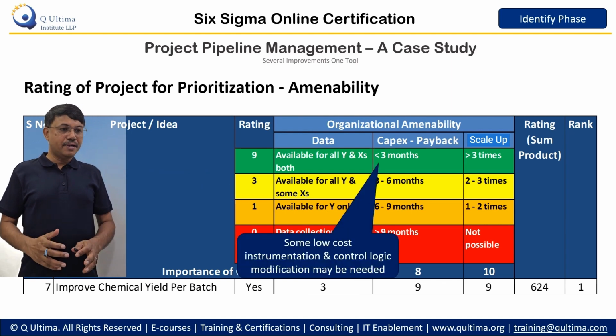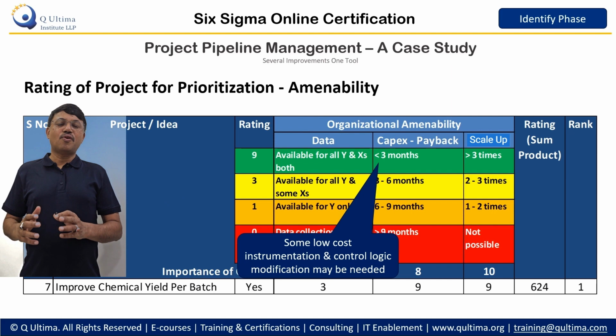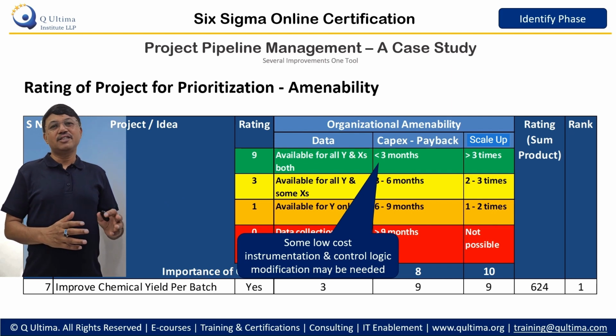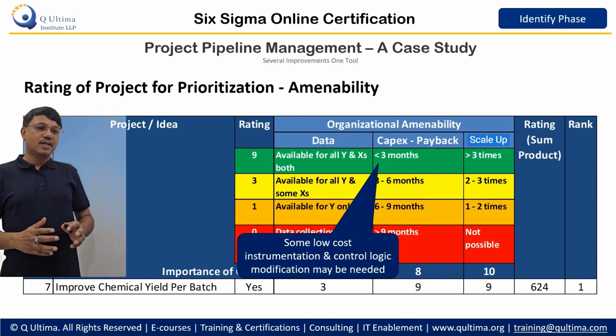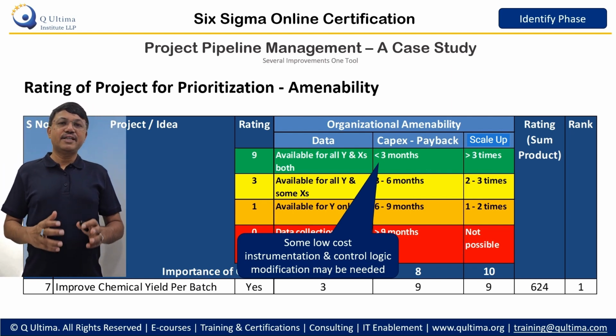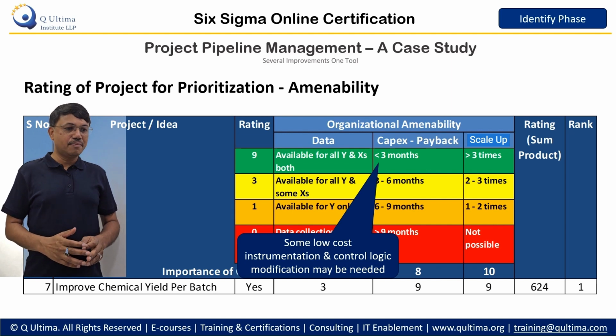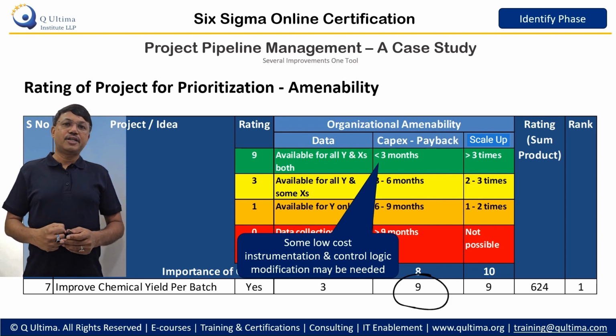For payback period, only very small instrumentation and some changes in control logic were expected, and therefore almost no investment, and it was found that definitely the payback period will be less than 3 months, and therefore the rating of 9.